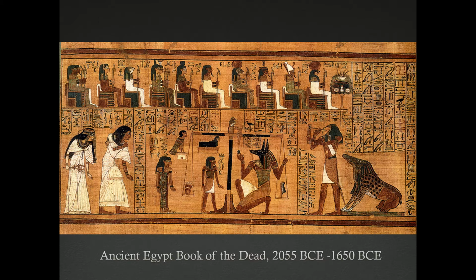Okay, so we have here a hieroglyph from 2055 to 1650 BCE. That stands for Before Common Era. And in this image, we have a whole bunch of humans and gods that are part of a larger narrative.